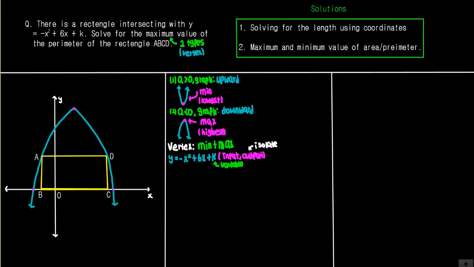So first of all, the quadratic function is intersecting at two points, which we usually call the x-intercepts. The x-intercept, when we convert it into a coordinate, will be x comma 0.